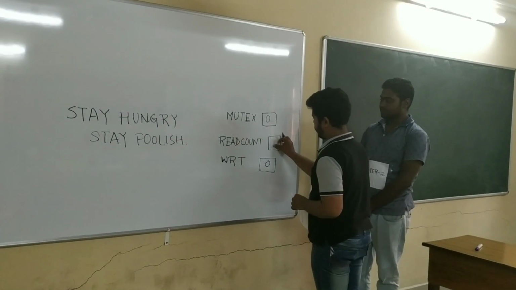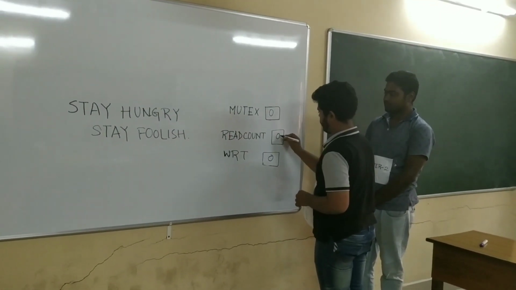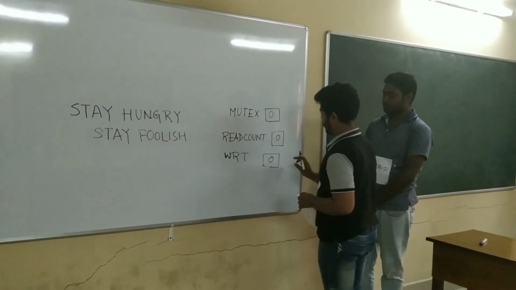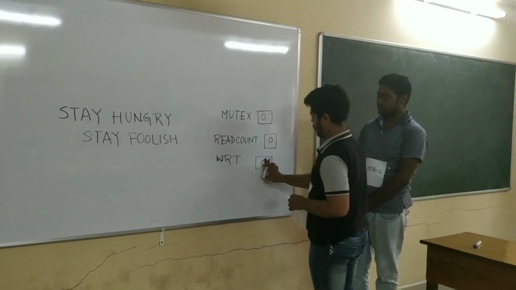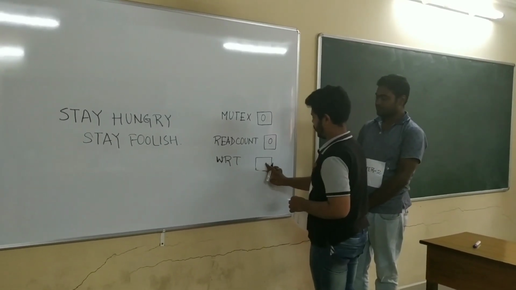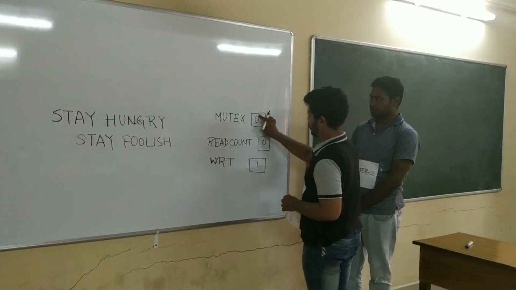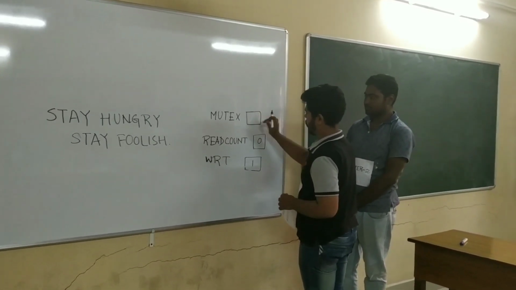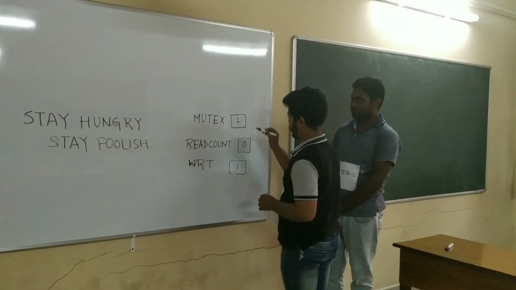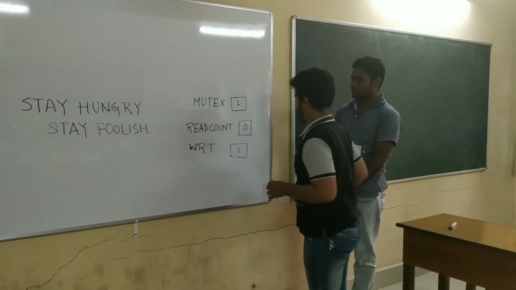Decrements the read count and checks if it is 0 or not. Here it is 0. That means every reader finished reading, and he now sets the WRT value from 0 to 1, thereby signaling that every reader finished reading and the waiting writers can now start writing.